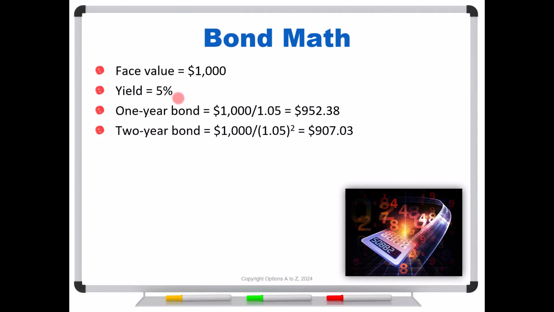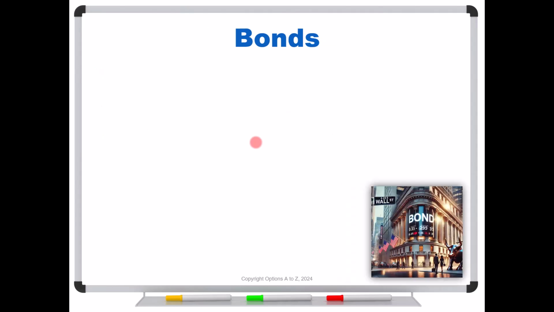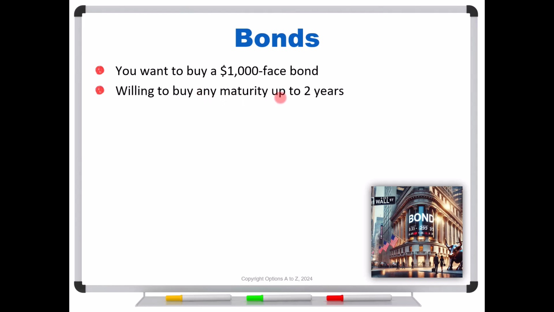All right, so kind of hold this idea of these bond calculations, and now let's take a look at bonds. Let's say that you want to buy a $1,000 face bond, and you're willing to buy any number of maturities. You actually have a lot of different investments that you'd like to do, so you're willing to buy any maturity up to 2 years. However, you are looking for a 5% return on your money. So now, with all of this information, the question is, what's the most important factor?